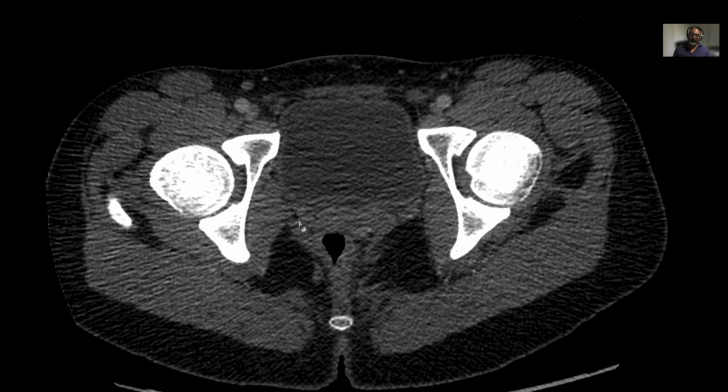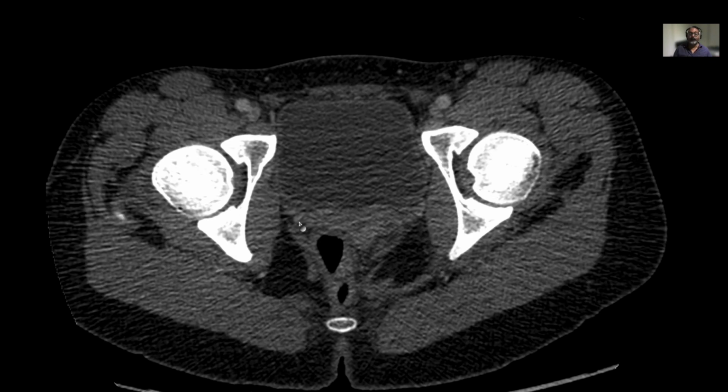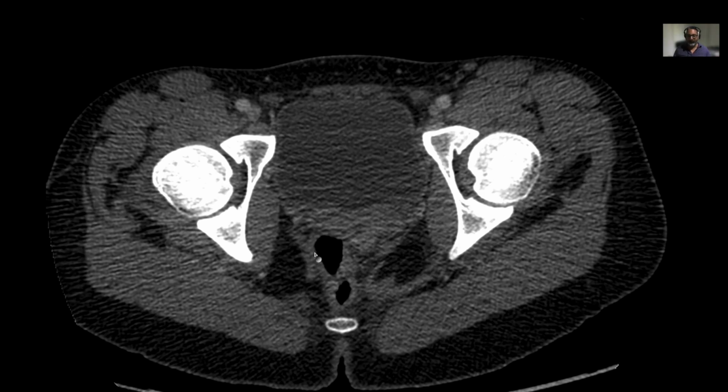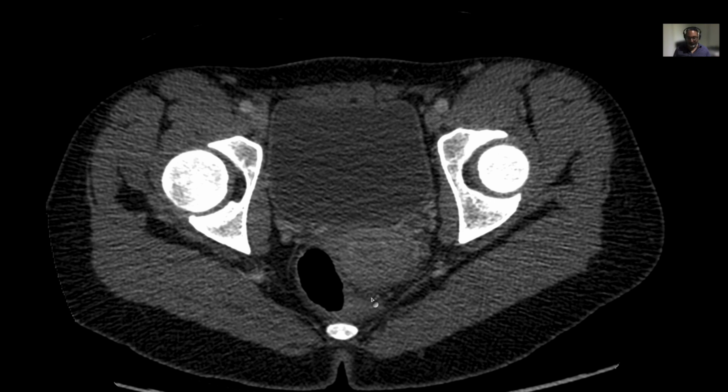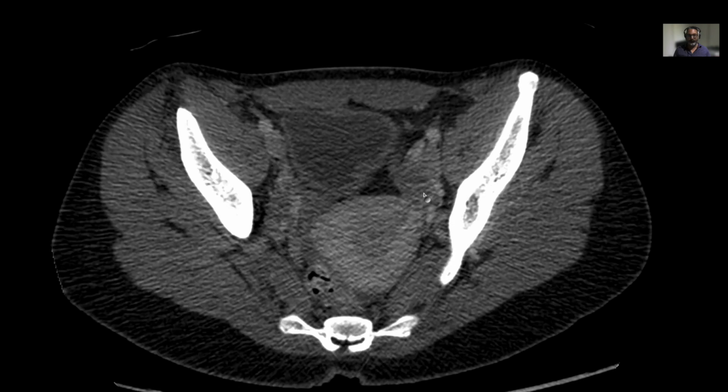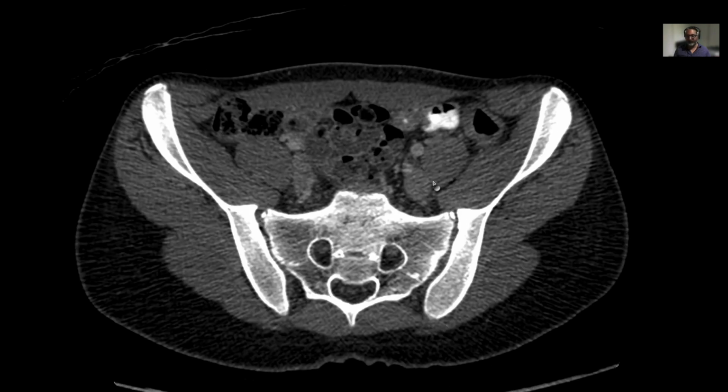So those mesorectal lymph nodes that are very inferior in the rectum all the way down to the anal canal, those are the mesorectal lymph nodes. They are not peritoneal. They are extraperitoneal, and they will drain into the internal iliac lymph nodes. Then when you get superior, you've got the superior rectal lymph nodes here, and then of course the sigmoidal lymph nodes, and then the paracolic lymph nodes. Does that sort of make sense?